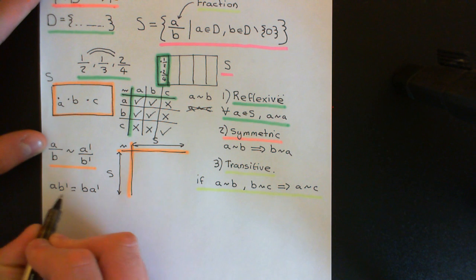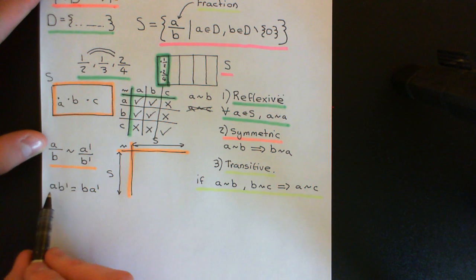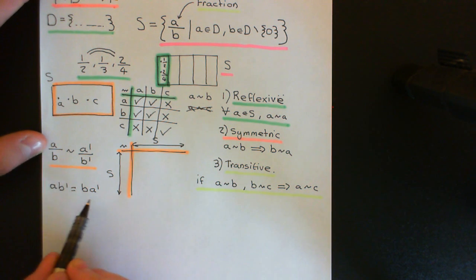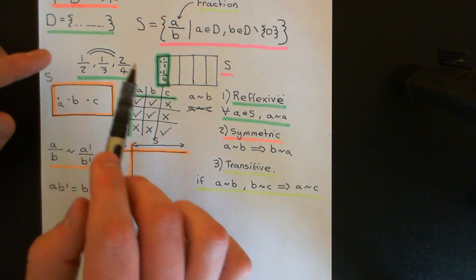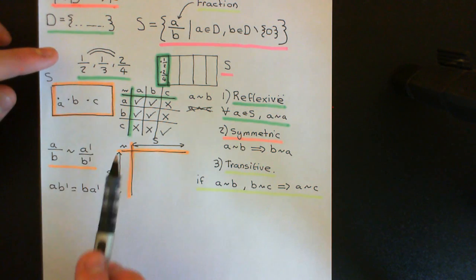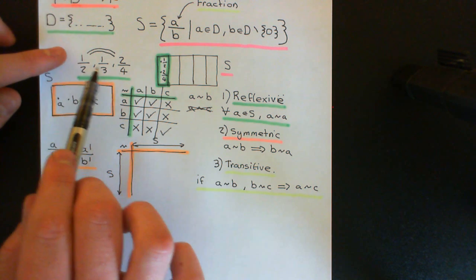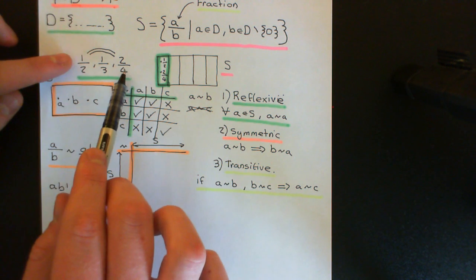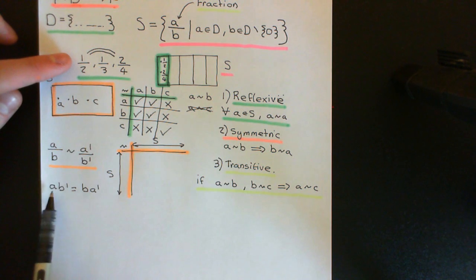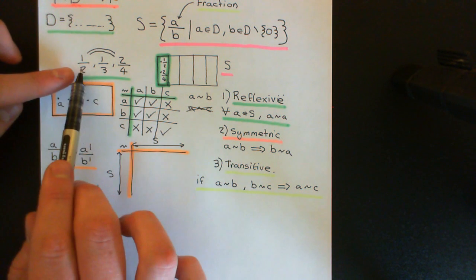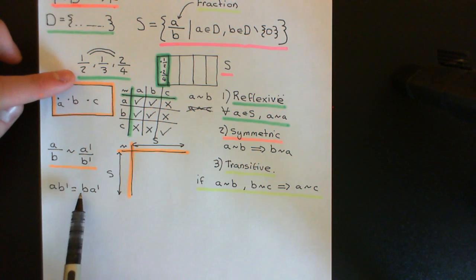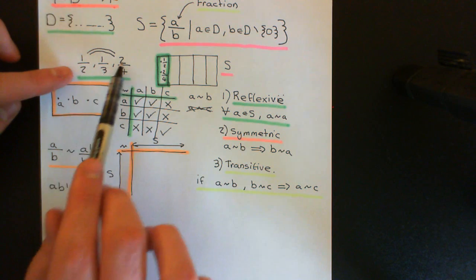Now just take a minute if you like, to think exactly why this captures the normal notion of equivalence of fractions. If we take a half and 2/4 here, okay, why are they going to be equivalent? Well, if I take the numerator here and multiply it by the denominator here, that's a times b prime, we'll get 4. If we take then the denominator here and multiply it by the numerator here, that's b times a prime, we'll also get 4.